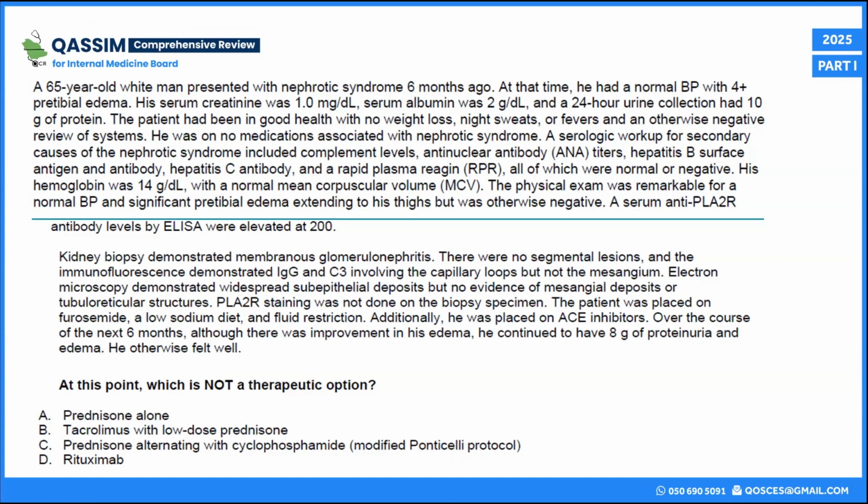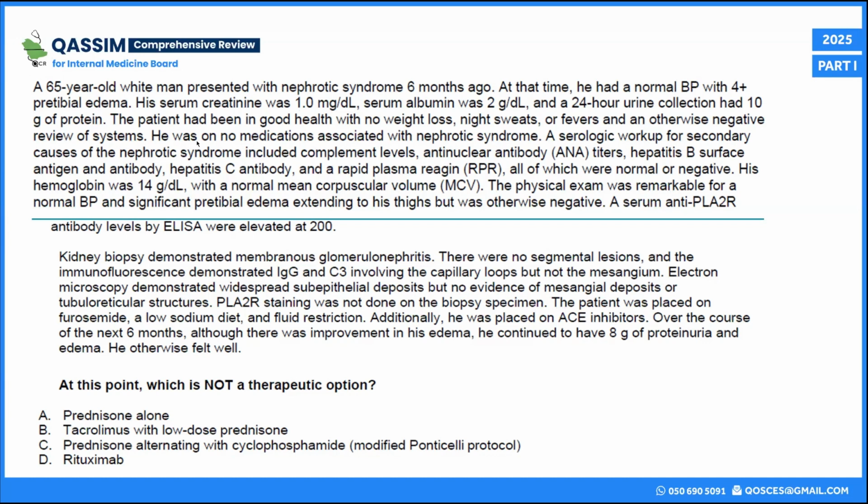Third question: which is not a therapeutic option? Briefly, this case is membranous nephropathy. A 65-year-old presented with nephrotic syndrome 6 months ago. He had normal blood pressure. Serum creatinine is 1, albumin is 2, so he was having hypoalbuminemia. 24-hour urine collection was 10 grams, so significant proteinuria.